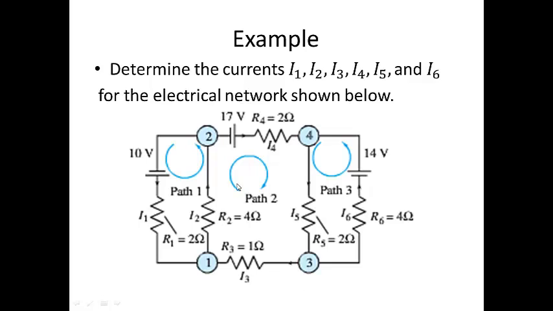We repeat the same procedure for path 2, path 3, junctions 1, 2, 3, 4, and we end up with 7 equations.